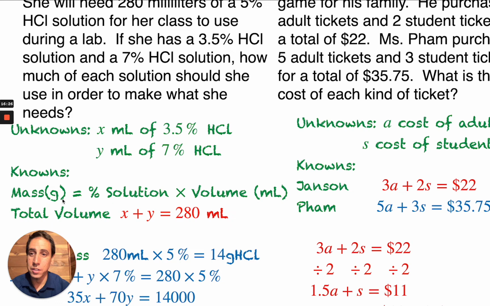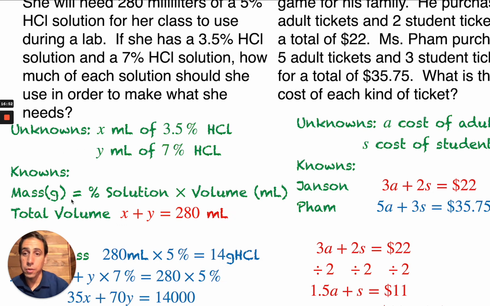That mass is measured in grams, just like you could measure the salt or the sugar that you mixed in. The relationship between mass and volume is this: percent solution, like the 3.5% or the 7%, times the volume in milliliters. You need to know this formula in order to construct our equations.